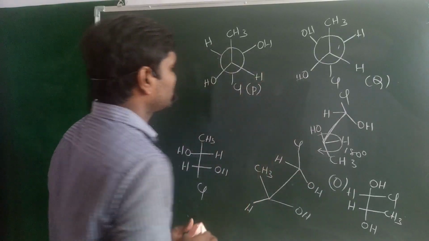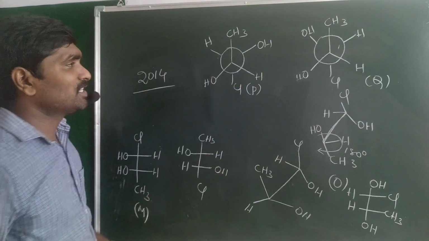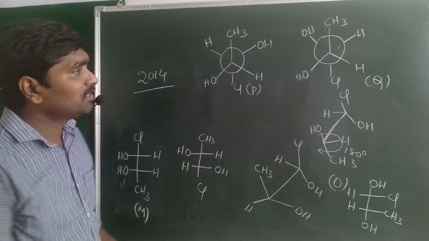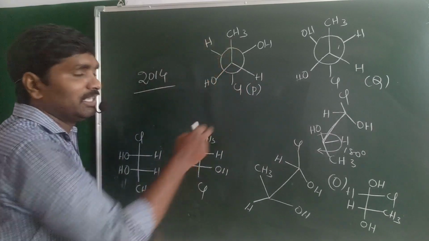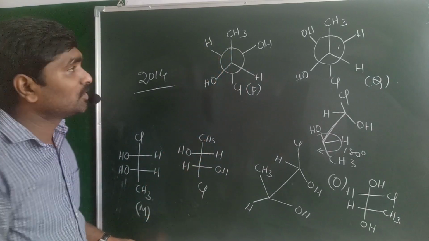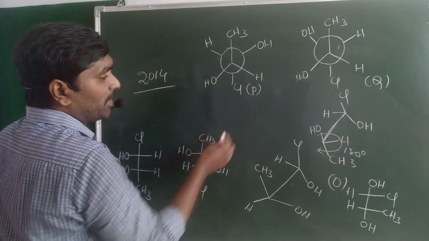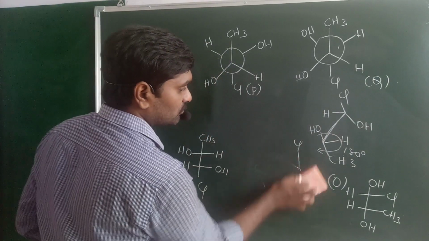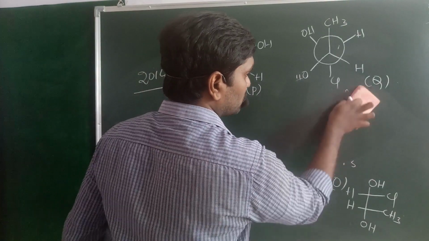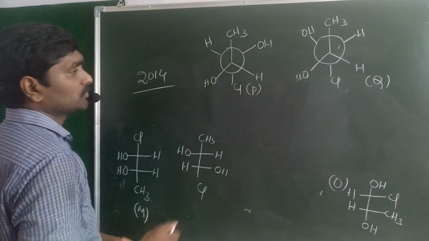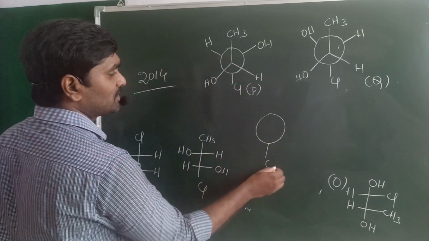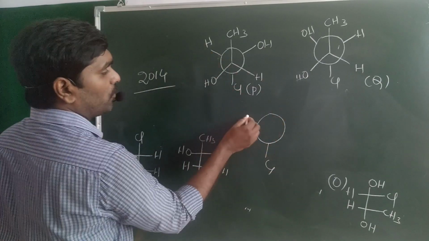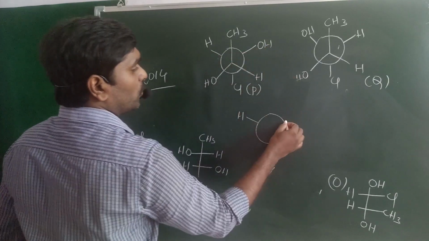And next one, which is nothing but the Newman projection formula, also in staggered form. It converts into the eclipsed conformation by rotating 180 degrees. On the back side carbon you have the Cl, left side hydrogen, right side OH.